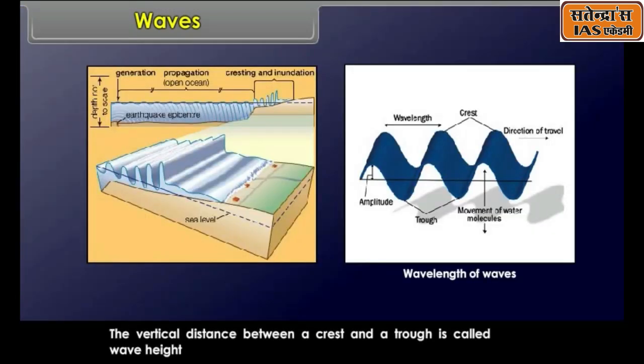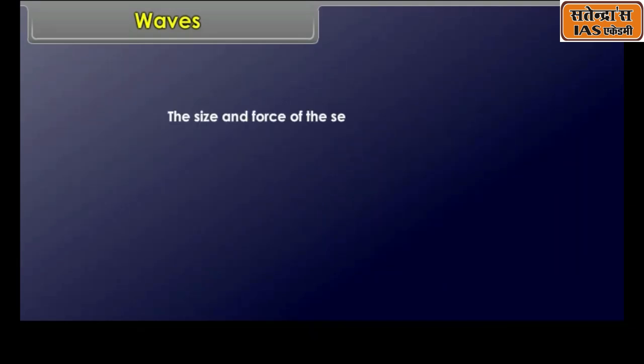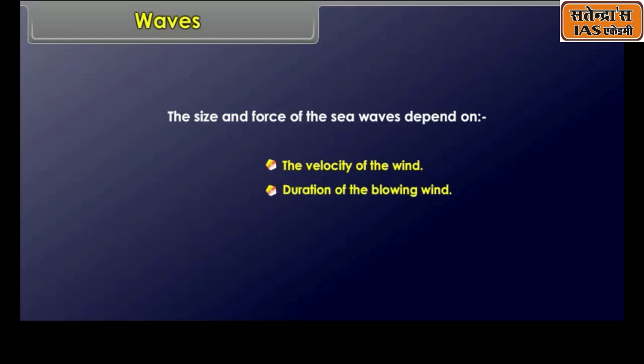The vertical distance between a crest and a trough is called wave height, and the horizontal distance between two troughs or two crests is called wavelength. The size and force of the sea waves depend on the velocity of the wind, duration of the blowing wind, and the distance the wind covers in the open seas.